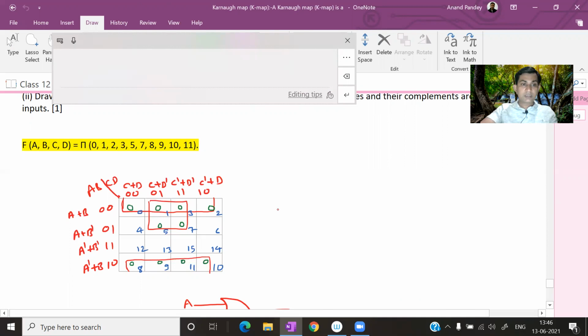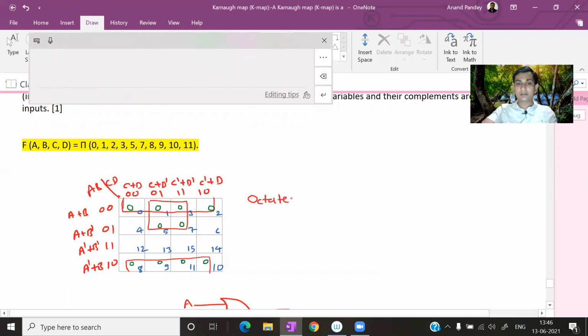Now listen, see this. I'm going to solve this. We have only one octet, so we'll write it like this: octet. Since it is a case of max term, we write capital M. So the octet is M0 dot M1 dot M3 dot M2, then dot M8 dot M9 dot M10 dot M11.